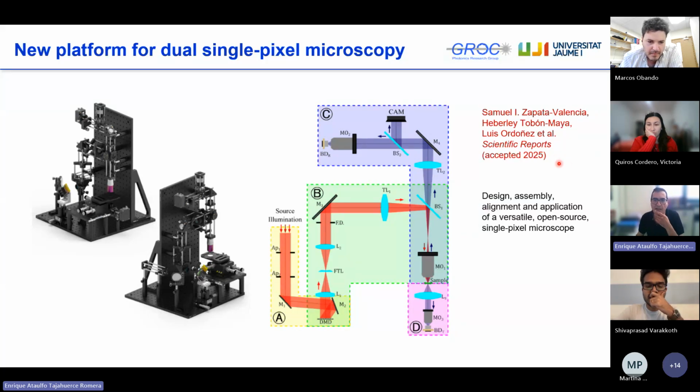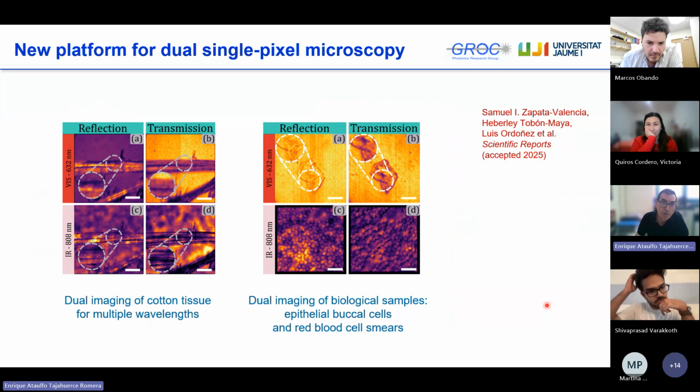Our paper has been accepted just this week. And with this microscope, we have proved we are able to get also reflection and transmission images of different materials and biological samples, such as epithelial buccal cells and red blood cells, both in visible and infrared light.